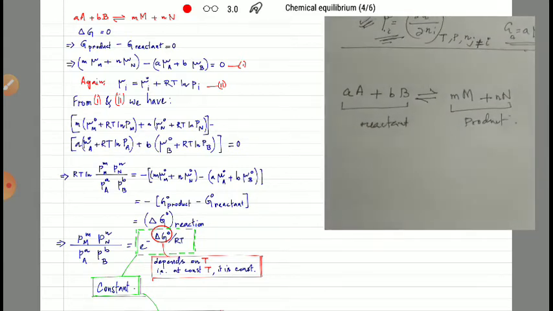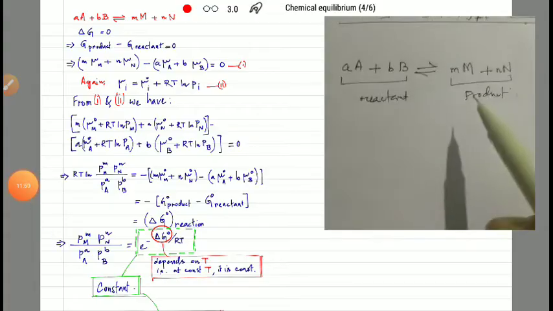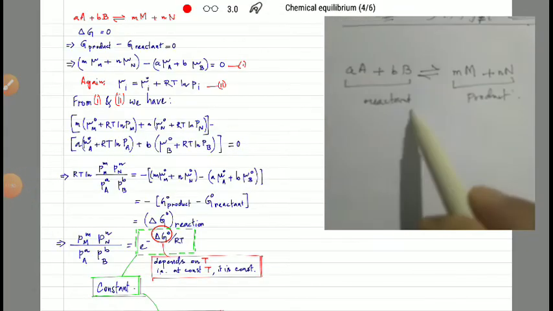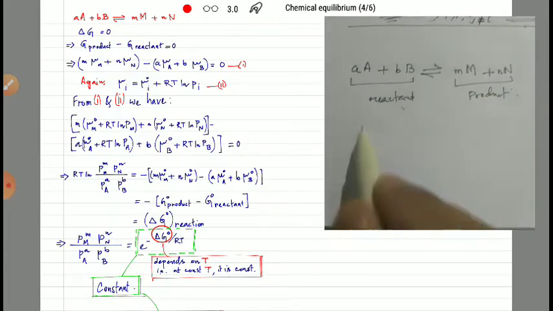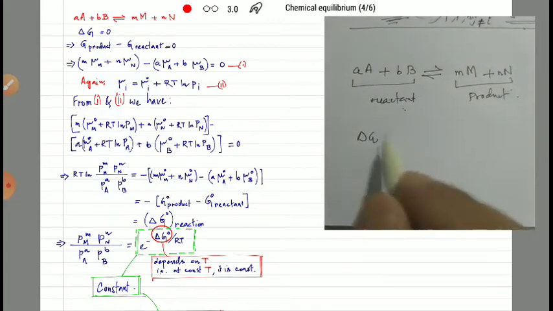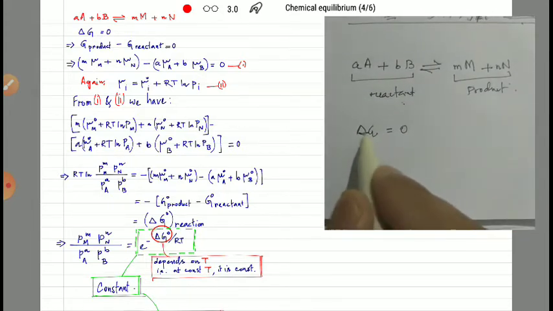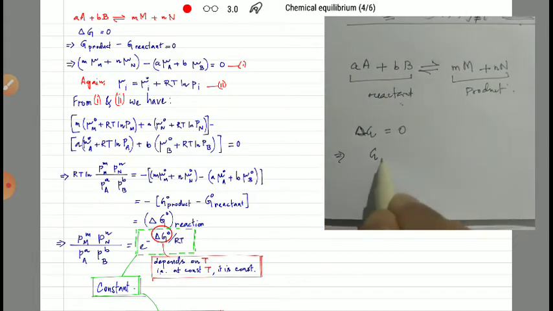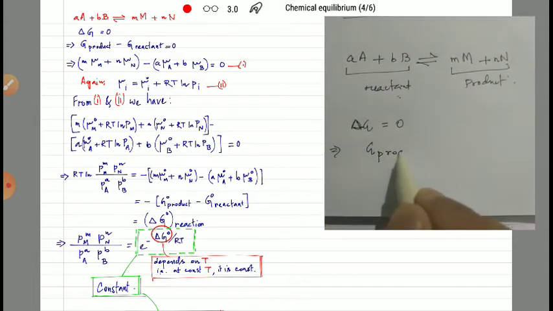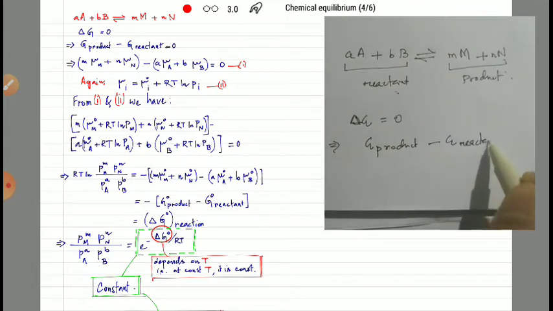So we have these reactions, and these are your reactants, and these are your products. So we know that del G is equal to 0 at the equilibrium position. Del G is equal to del G product minus G reactant.